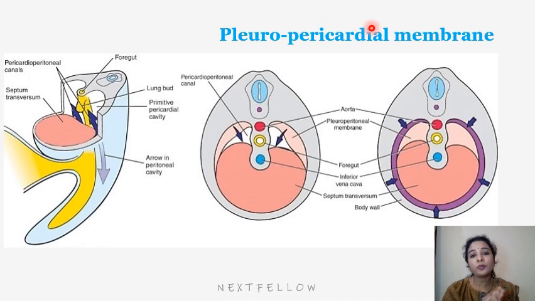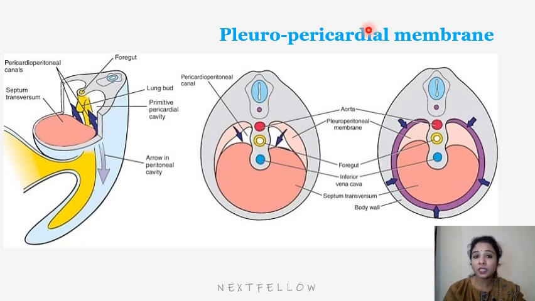The lateral pleuro-peritoneal folds grow to form membranes, and their concentric free edges project into the caudal ends of the pericardio-peritoneal canals. These canals separate the pericardial cavity from the peritoneal cavity.